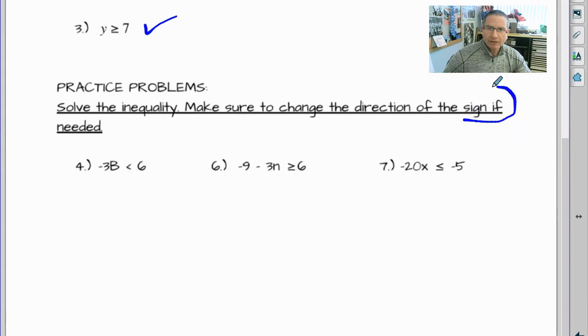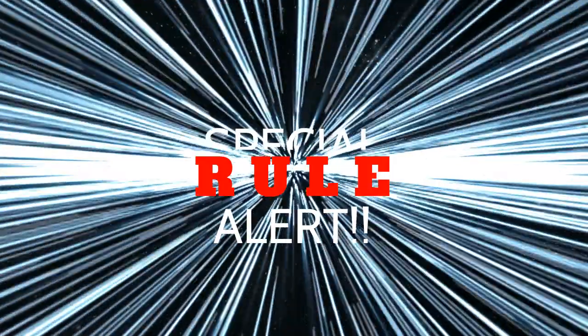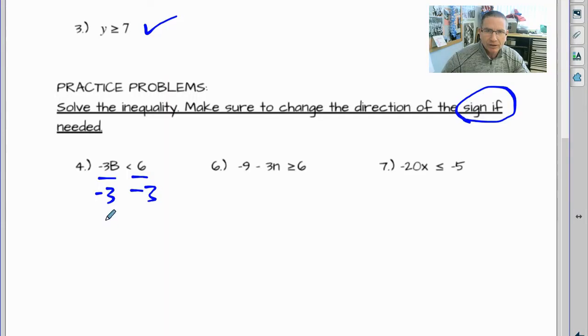This is where we've got that sign issue from the video that you guys watched on your own. When we multiply and divide with a negative sign, that is going to change the order of the sign. Special rule alert. So we still solve it like we always did, but that's going to change the sign right here.